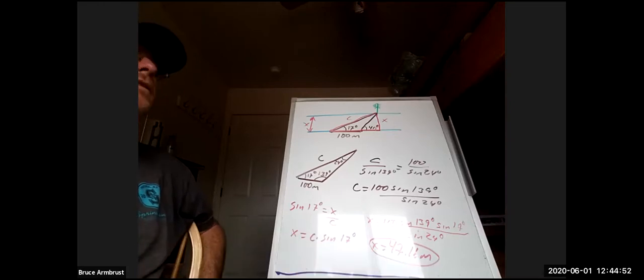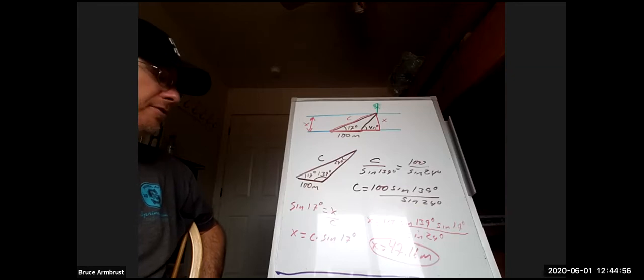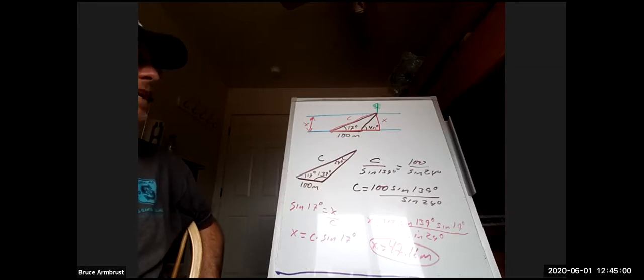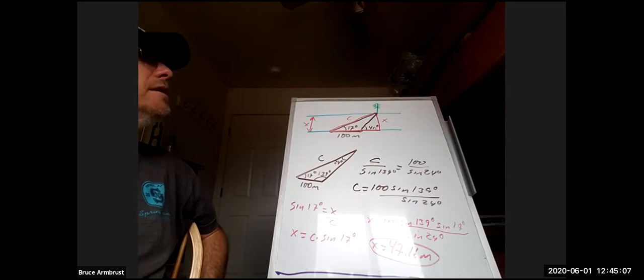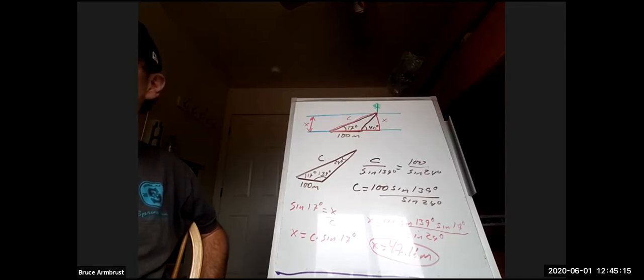Yeah, good luck throwing it 47 meters. That's longer than a football field. Most people aren't that strong. Anyway, so here is a legit, real application. Probably not for finding the width of a river, but this is the sort of thing that's done in order to find the height of a mountain, heights of trees, and so on.